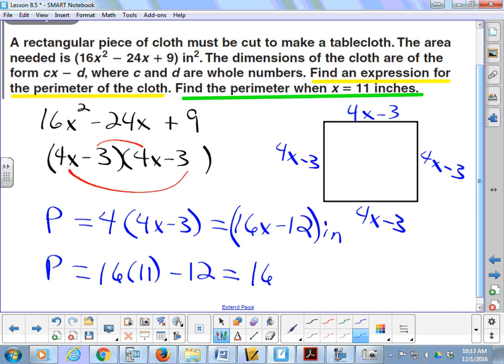So the perimeter of this tablecloth will be 164 inches. And so I would write that: the perimeter of the tablecloth is 164 inches. So don't forget to do that. If it's a word problem, it needs to have a sentence with it that explains what the answer means.